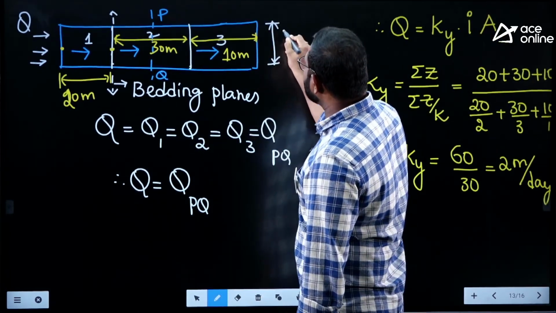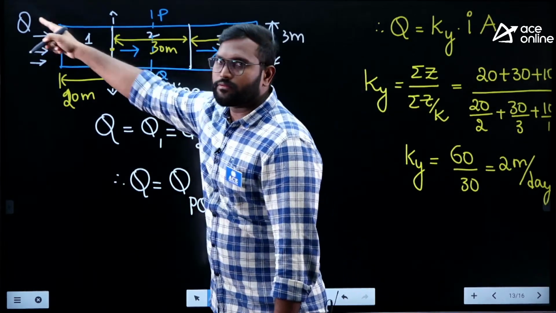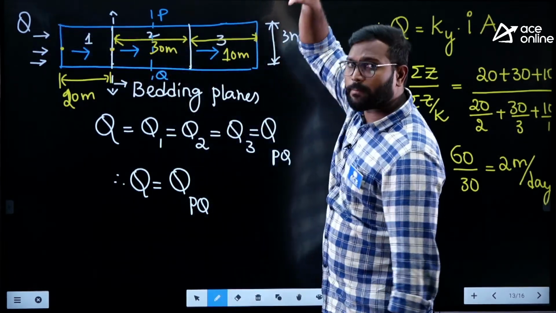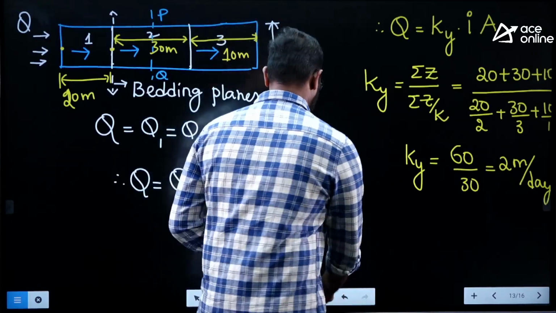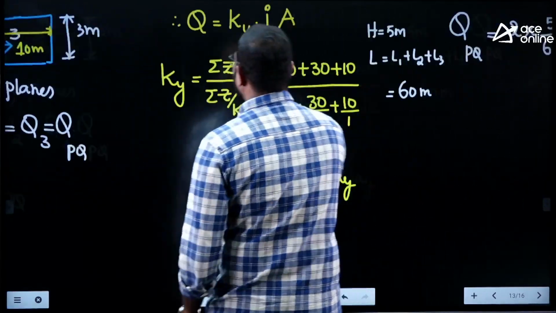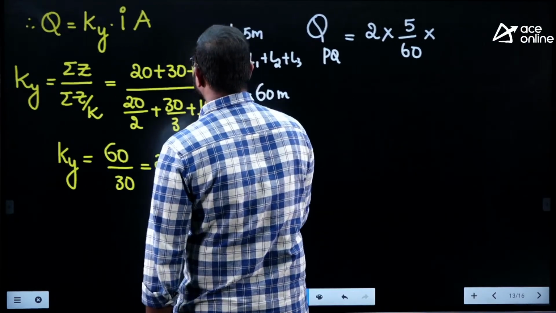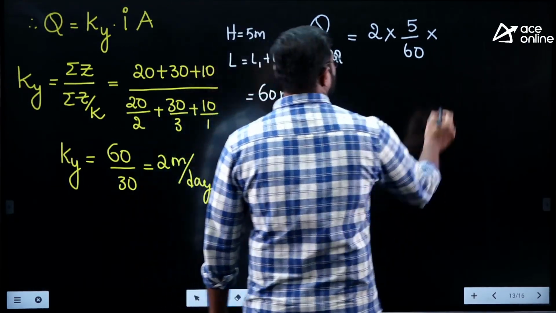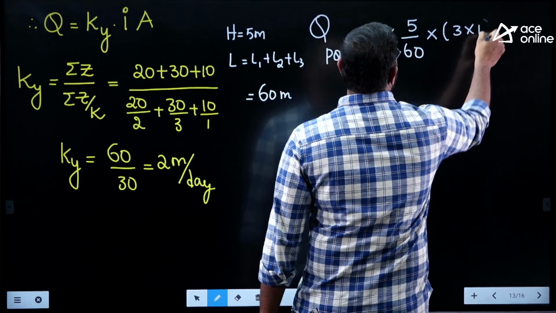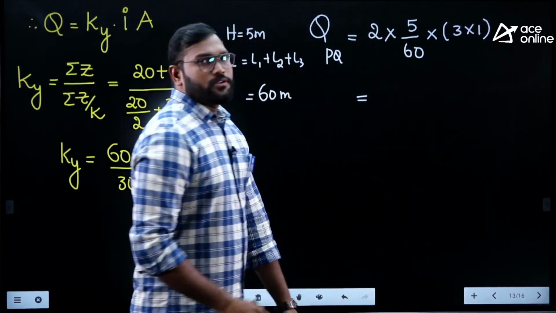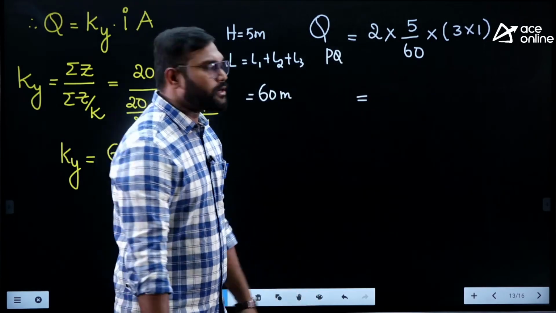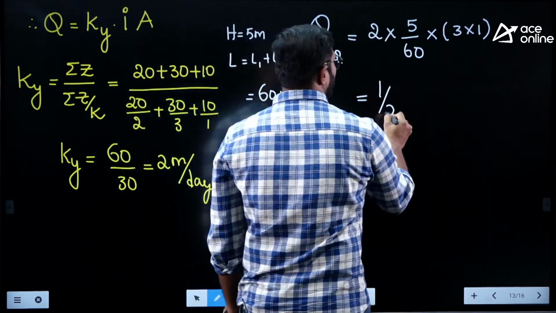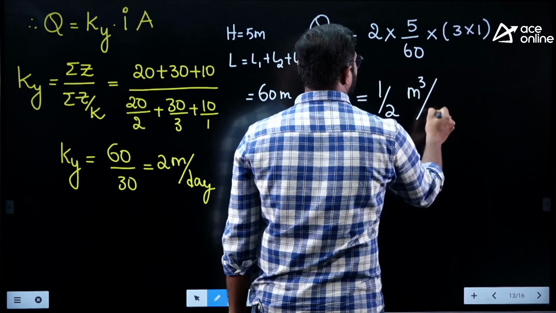So if it is a 3 meters thickness, flow rate is Q. What is the flow area? 3 into perpendicular 1. Three into 1, right? So now 2 into 5 by 10, the answer is going to be 1 by 2 meter cube per second.